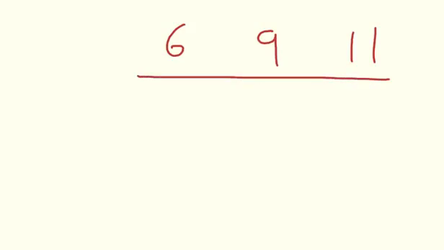Sometimes you could just do 6 times 9 times 11 and it could be the correct answer. But there is another technique that I like to use, and this is why you need to know product of prime factors. You have to know product of prime factors in order to do this technique of LCM.